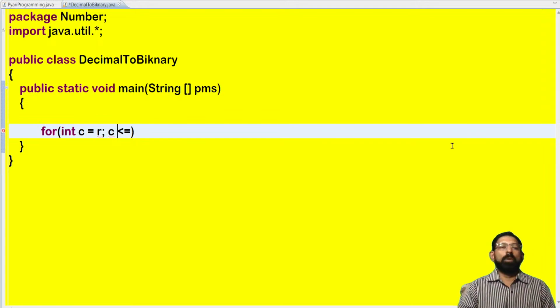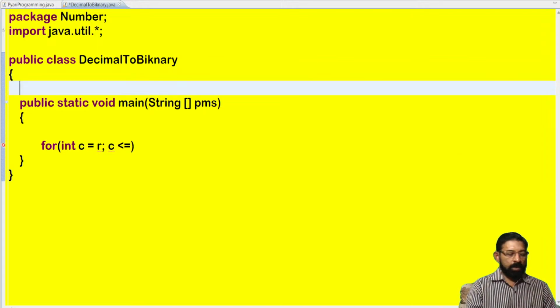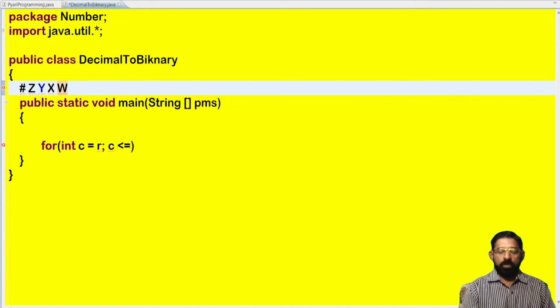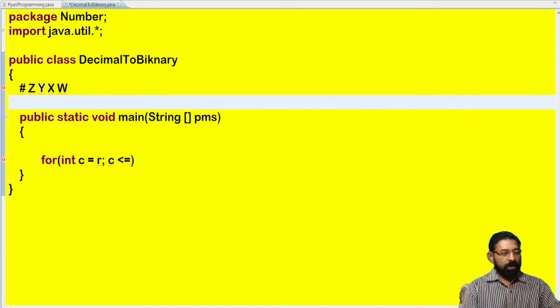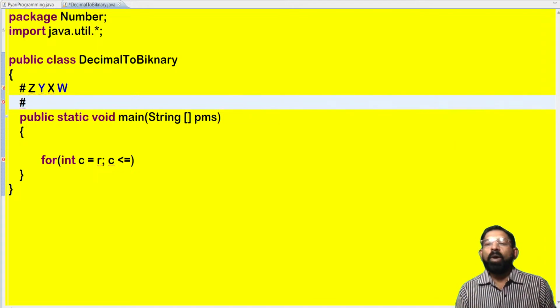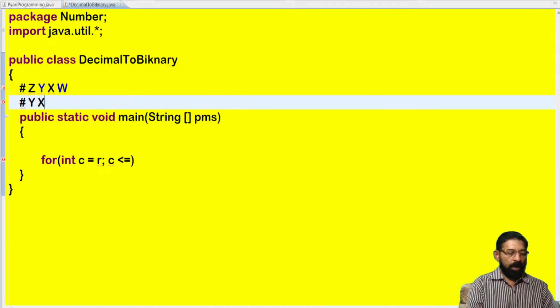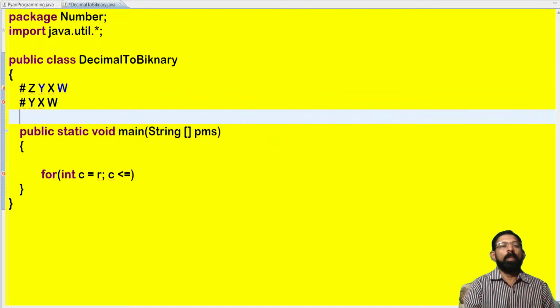ZYXW. So the pattern was like this, ZYXW, in capital letters. The next time it was YXW. Next time it was XW.